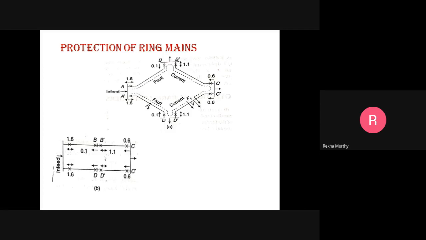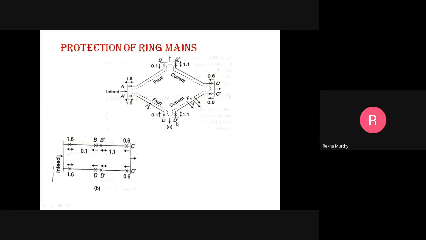Suppose now let us consider this diagram. If the fault occurs at F1 position, which relay is going to trip? Find out where F1 is. Nearest to this F1, C dash is there and D dash is there.